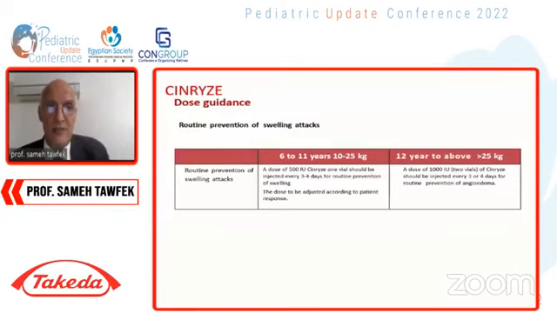Routine prevention from 6 to 11 years or from 10 to 25 kilograms, also 500 international units should be given every 3 to 4 days for routine prevention of swelling. The dose may be adjusted according to the patient response, and if he is 12 years or above 25 kilograms, the dose should be doubled.